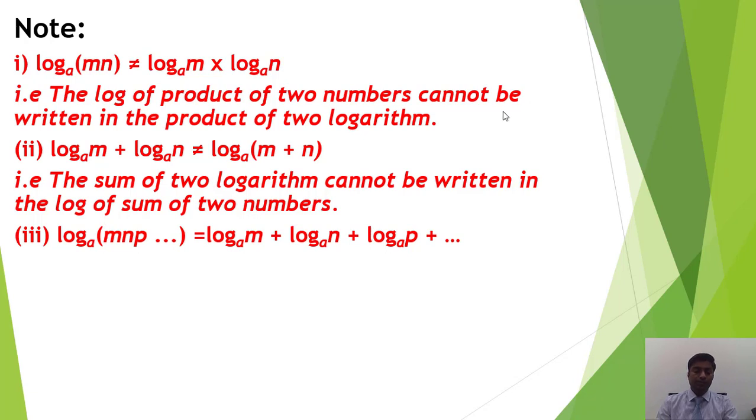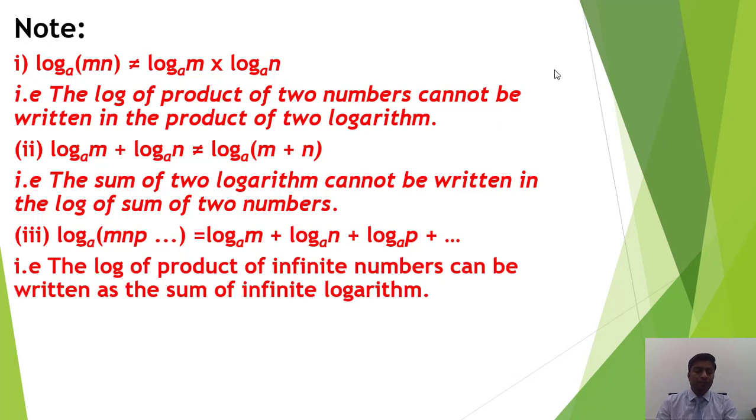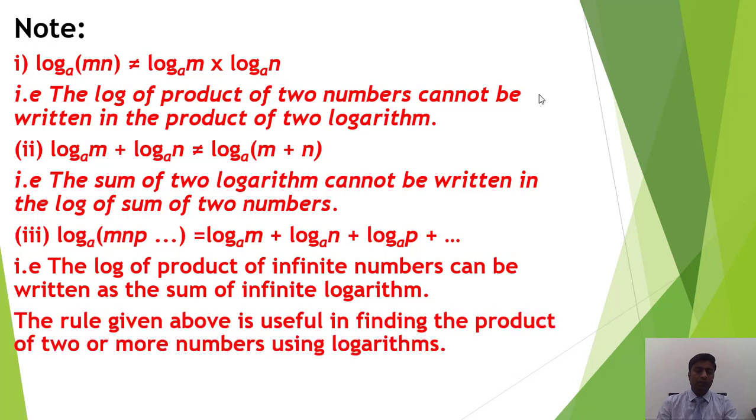That is, the log of product of infinite numbers can be written as the sum of infinite logarithms. The rule given above is useful in finding the product of two or more numbers using logarithm.